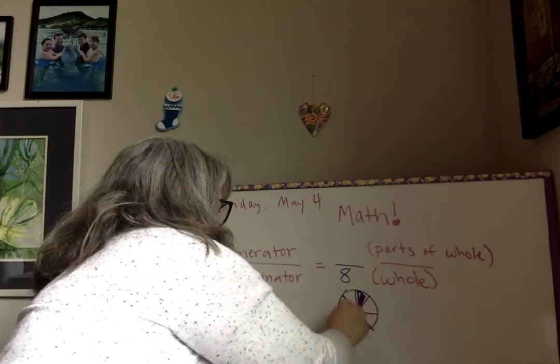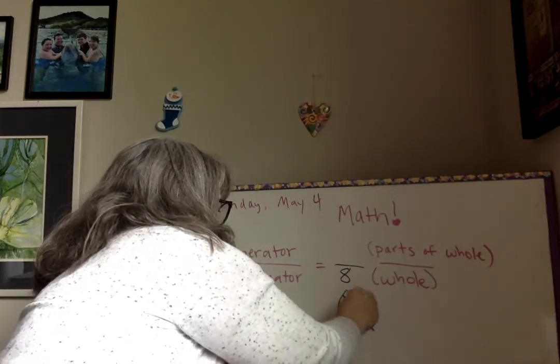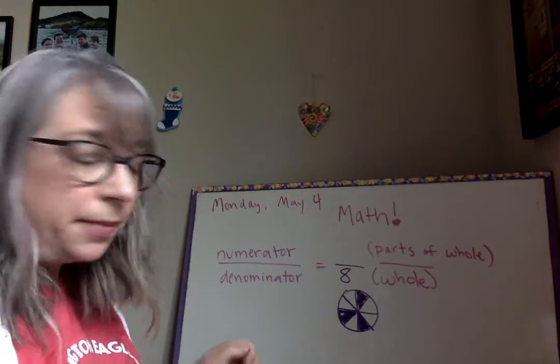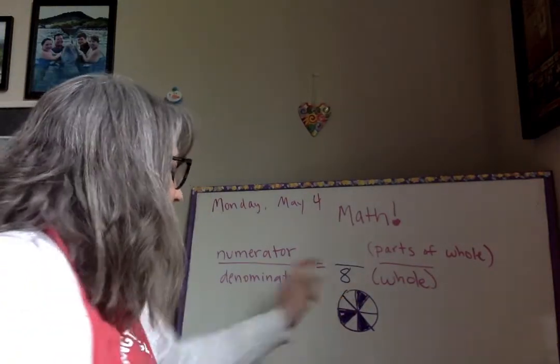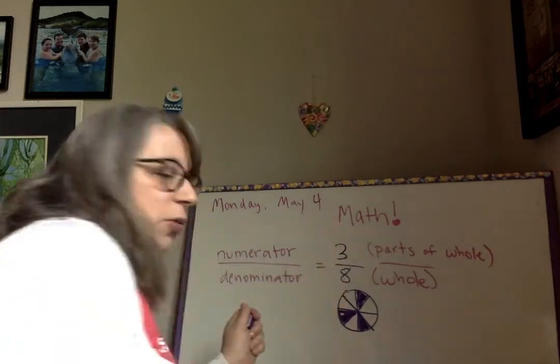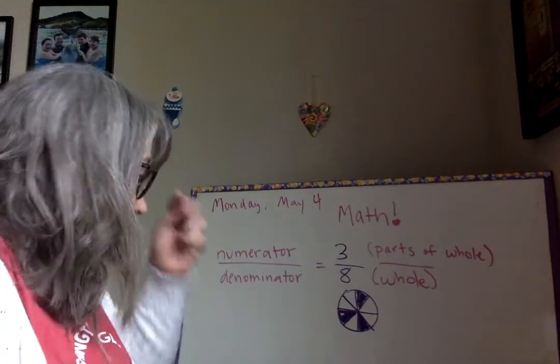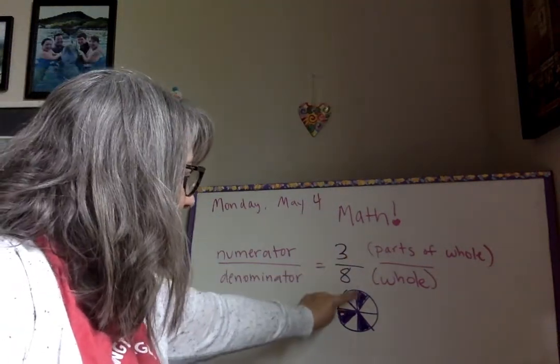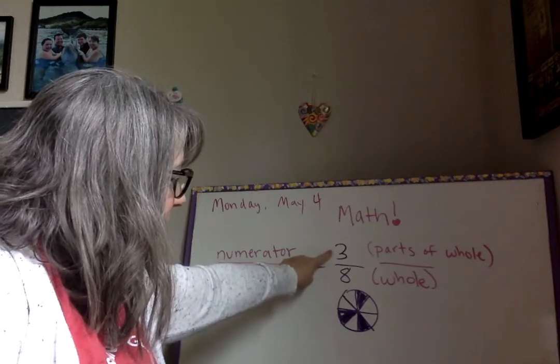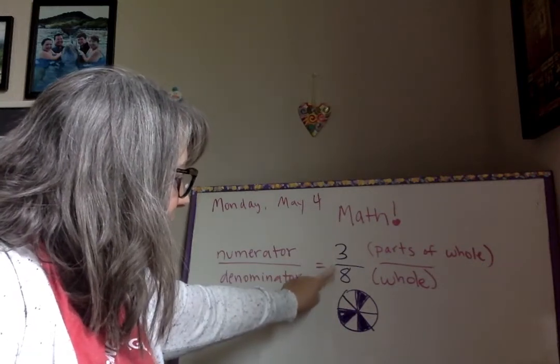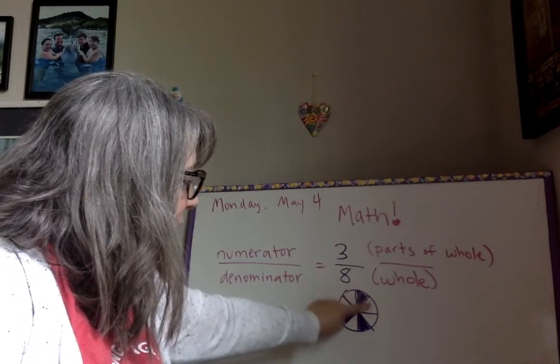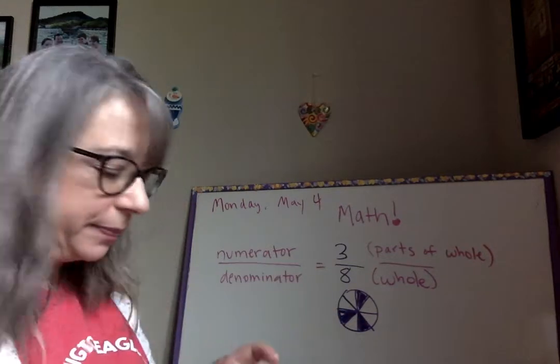What will be our parts? You're right. 1, 2, 3. So now we have 3/8. Our parts of our whole are 3. That's our numerator. And our denominator is 8. 1, 2, 3, 4, 5, 6, 7, 8. So we have 3/8.